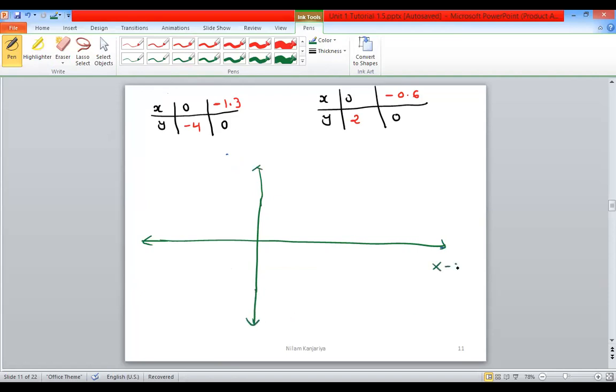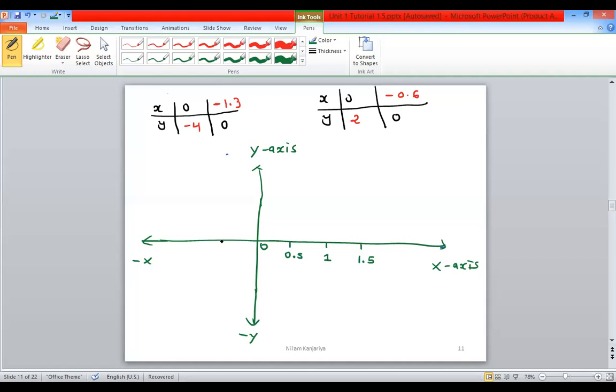So this is the x-axis, minus x, y-axis, minus y. This is the origin. It is 0.5, 1, 1.5, and so on.